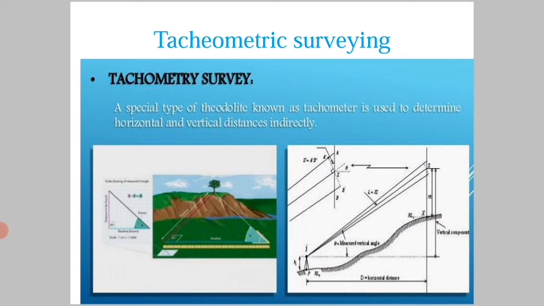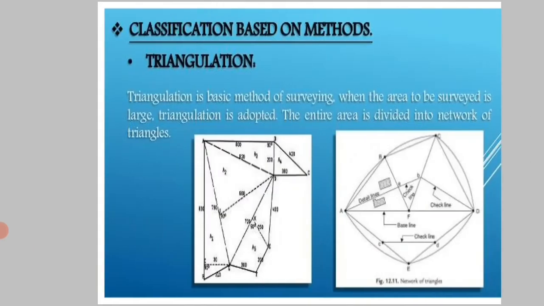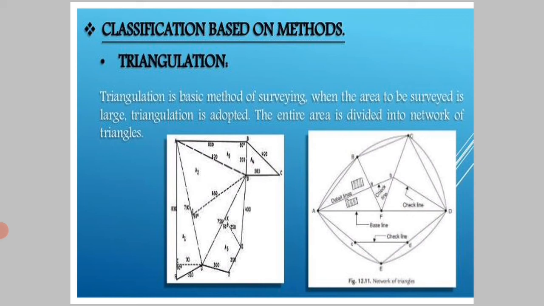In this type of surveying, a special type of theodolite known as a tachometer is used to determine the horizontal and vertical distances indirectly.